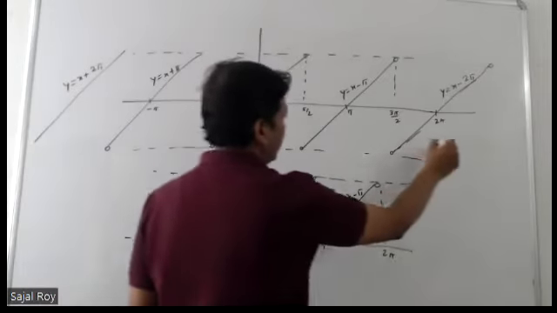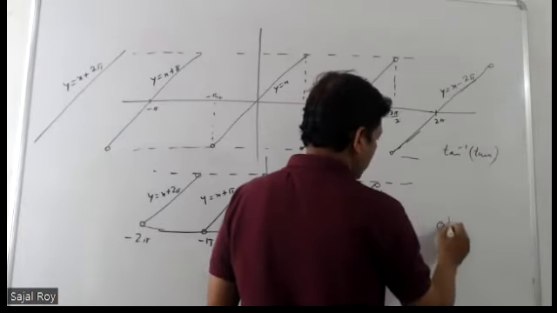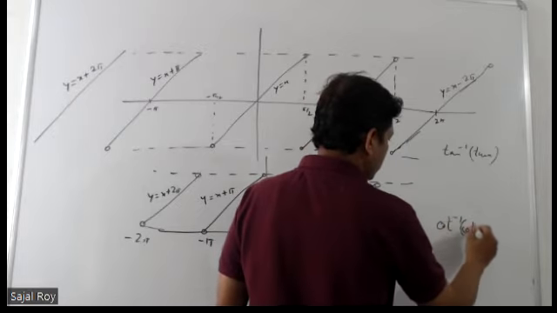This is your tan inverse of tan x, and this is your cot inverse of cot x.